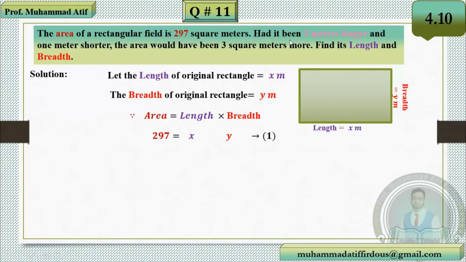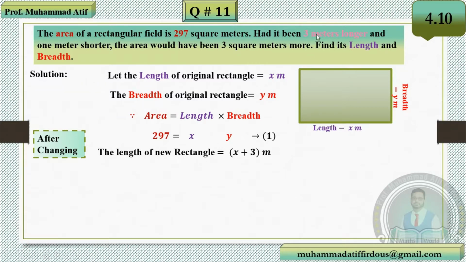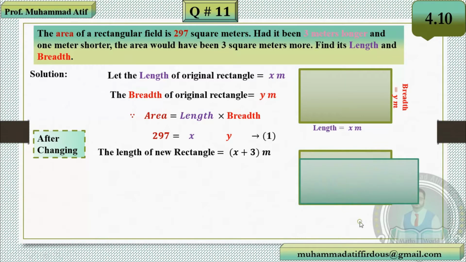Then had it been 3 meter longer, meaning after changing this rectangle, the length of the new rectangle, had it been 3 meter longer, meaning we have previous length x. If we add 3 to this length, your new length is equal to x plus 3. So the new length of the new rectangle will be x plus 3.